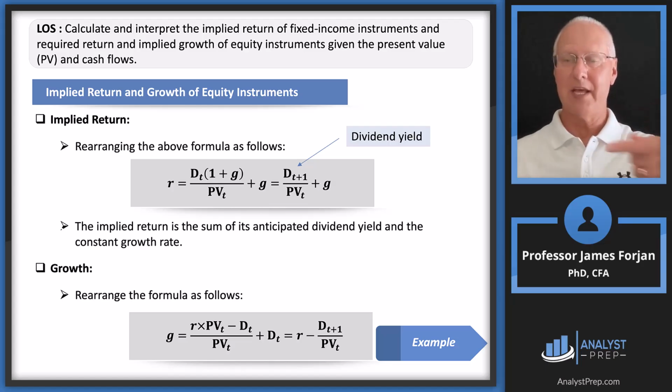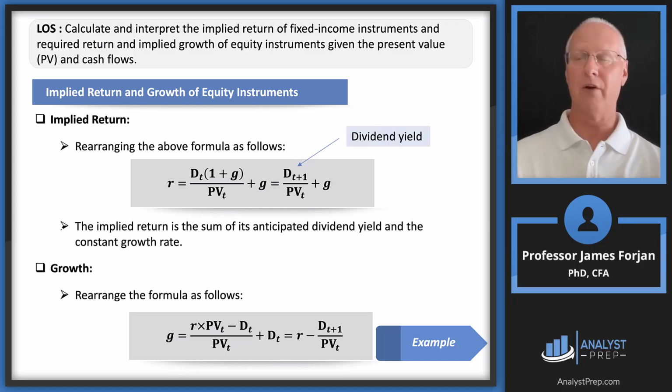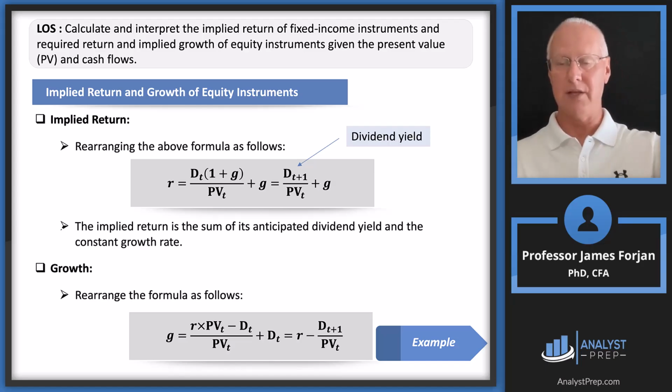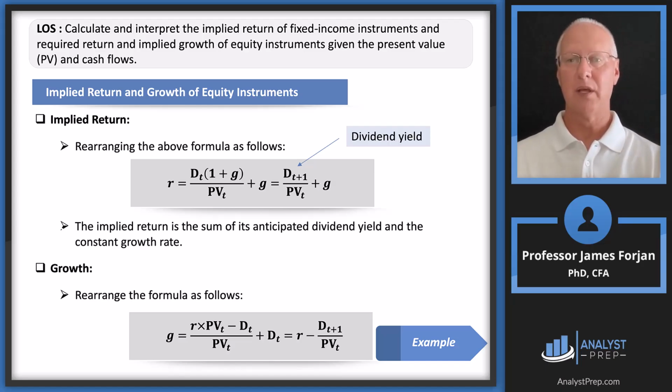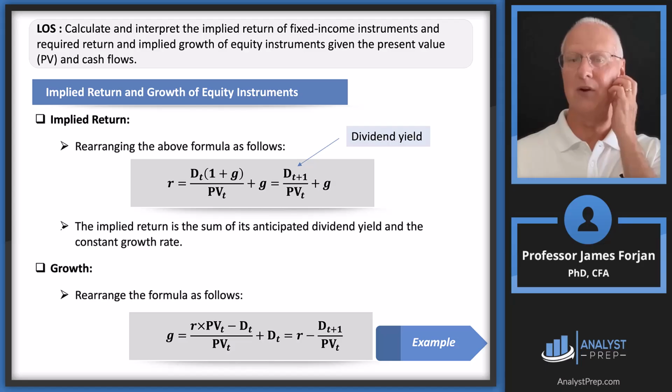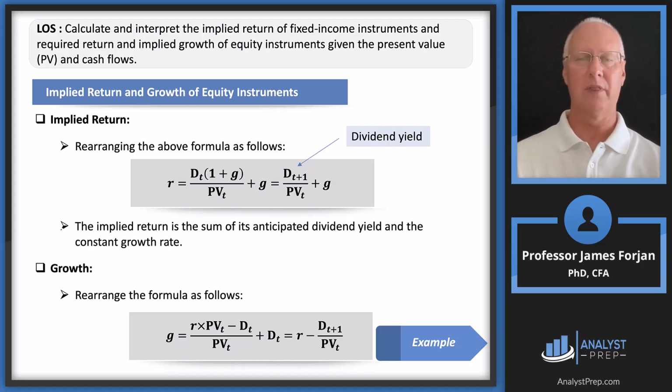Now, that dividend divided by the present value, that has an important connotation to it. It's known as the share of stock's dividend yield. Dividend divided by the price is the dividend yield. And that growth rate, the plus G, some people say that that kind of captures the capital gain associated with buying a share of stock. I'm okay with thinking it that way.